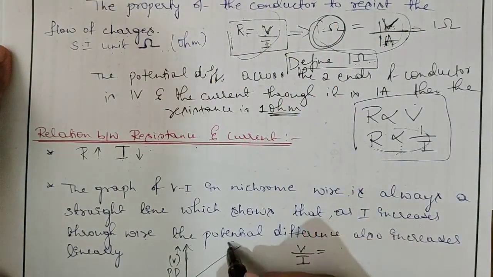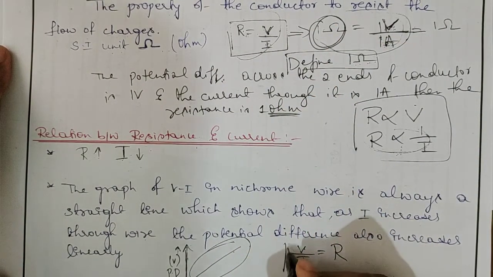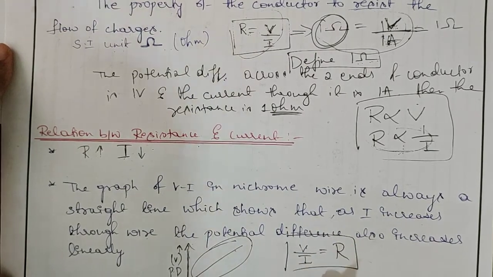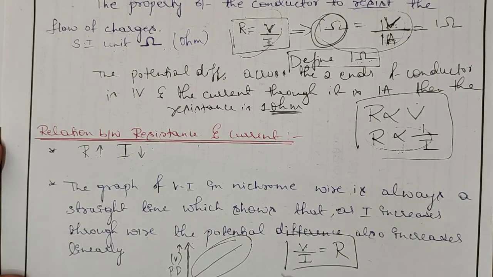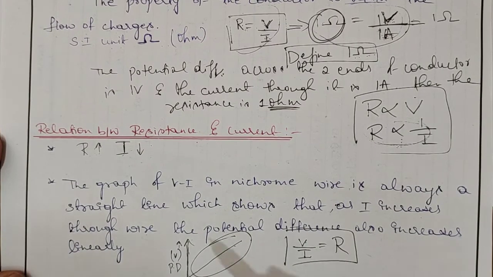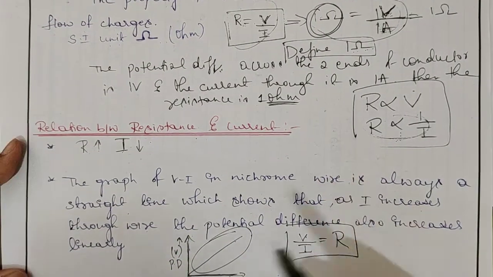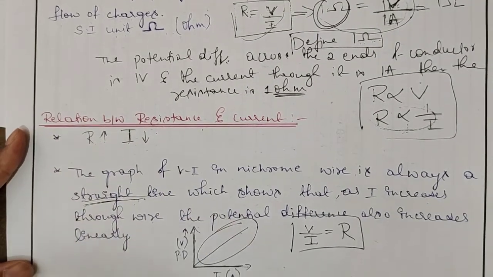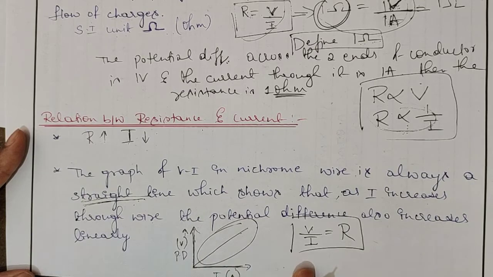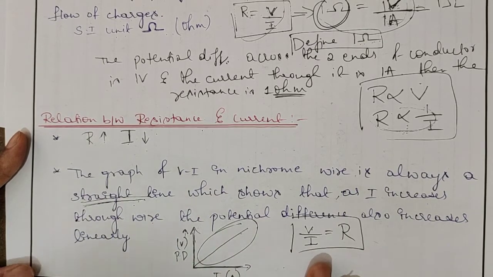Now whatever we got, this linear line is nothing but resistance. Clear? So you will get a multiple choice question or a direct 1 mark question, that is what type of line we got in that Ohm's law graph. All you need to remember is linear or a straight line. Clear? So this is the relation between resistance and current.